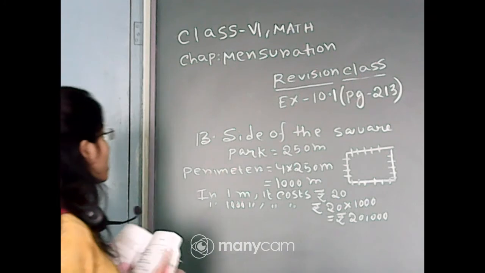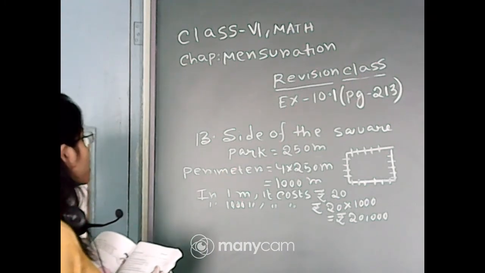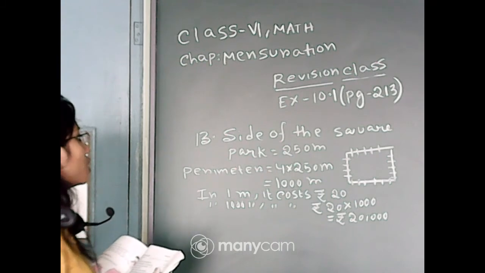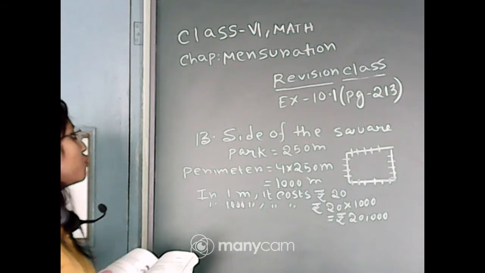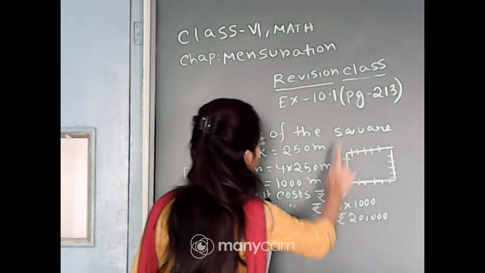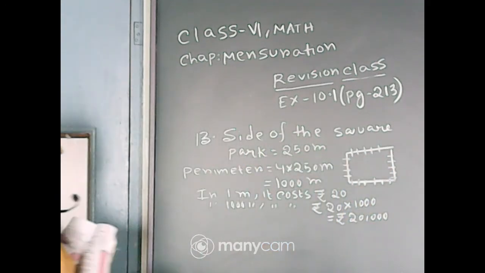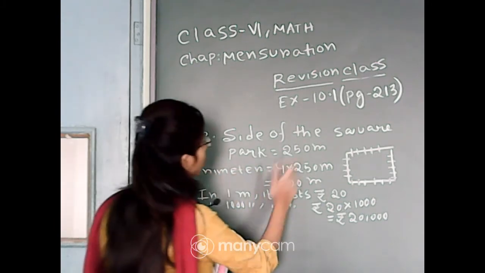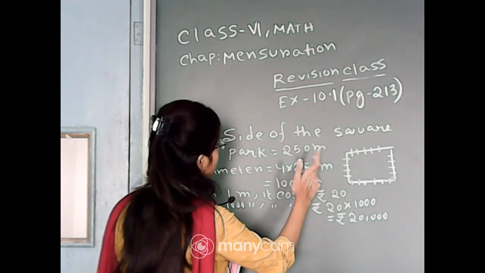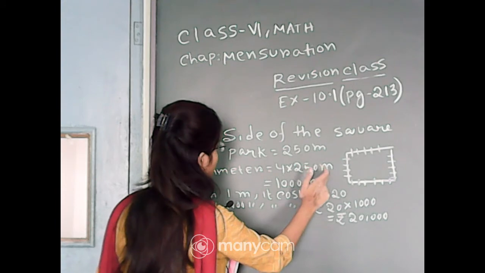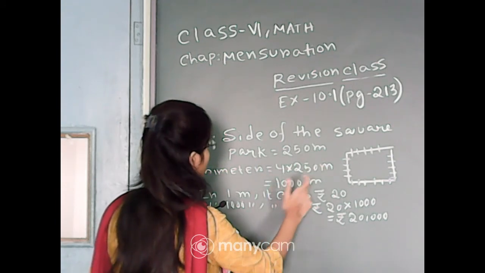Again I repeat the math. Here it is given that side of the square park is equal to 250 meter. To fence the square park, we have to find out the perimeter of the square park. So, perimeter is equal to 4 into length of the side of the square, that is 4 into 250 meter, and the answer is 1000 meter.